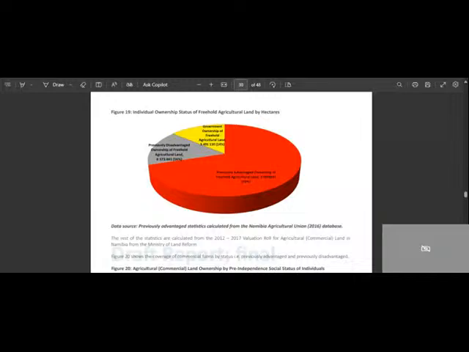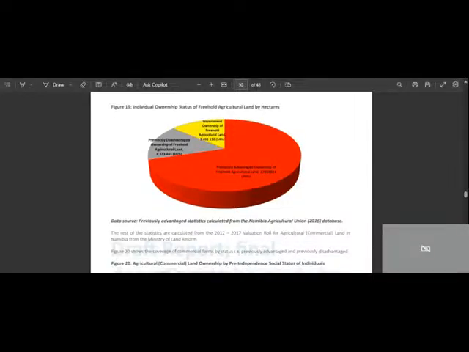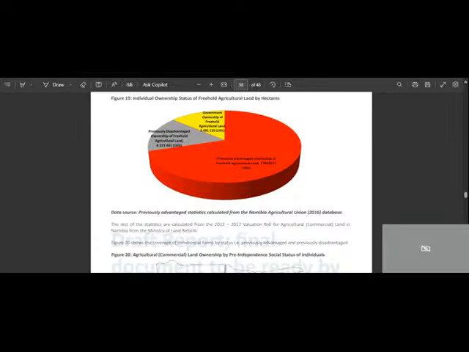Maybe 200,000, 200K. That is maybe their population. And look at what they own. Previously advantaged. These are the Boers. This is our land right here that we need to get back. That's the only land that we need to get back.